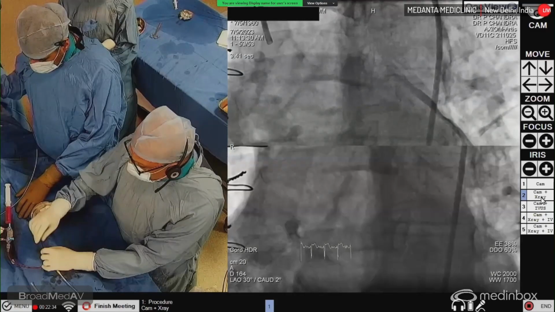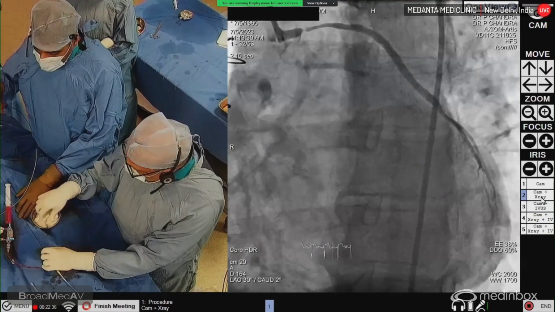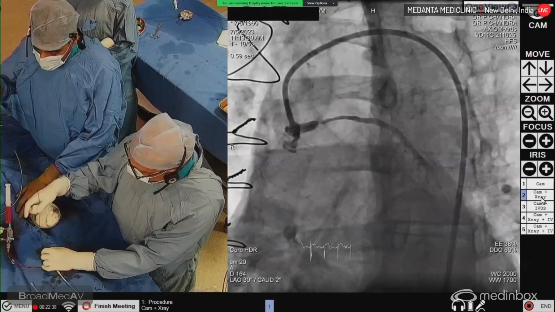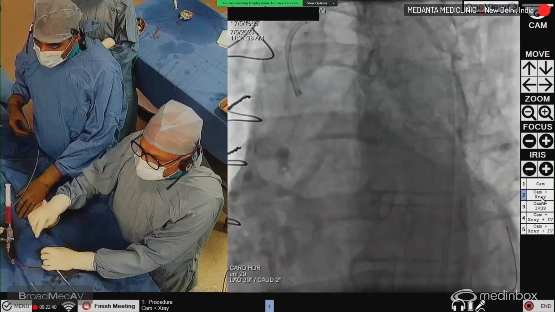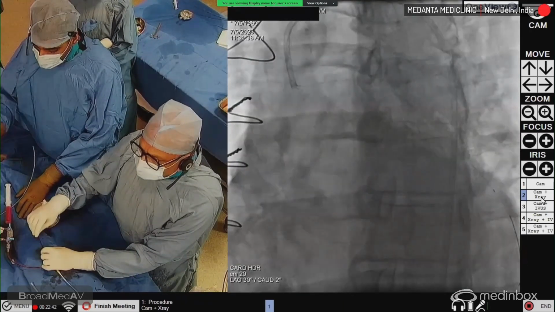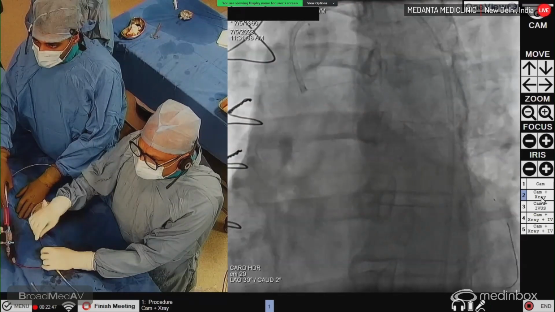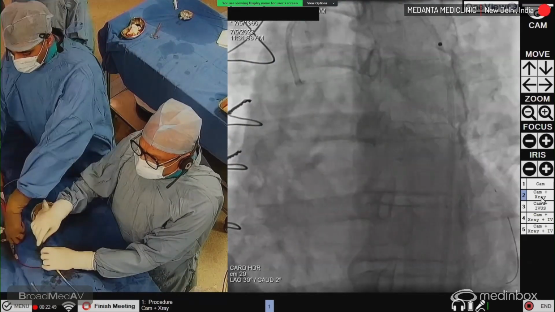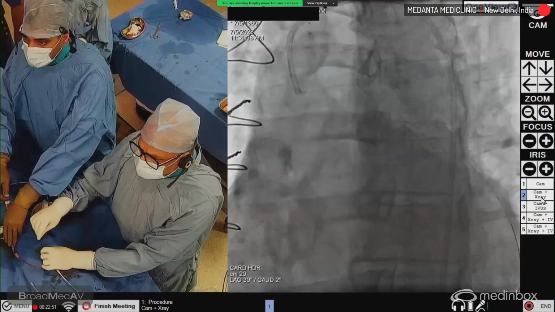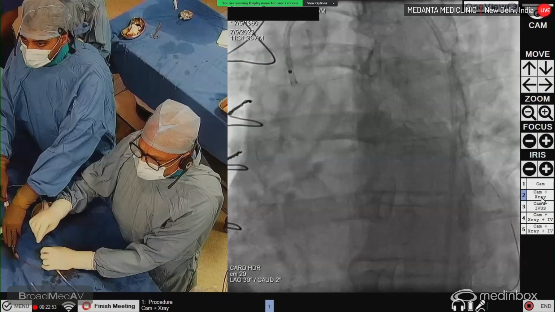So this is the laser, and we will see how things move, and also keep monitoring whether there is any slow flow or not. This is the catheter which comes in now.